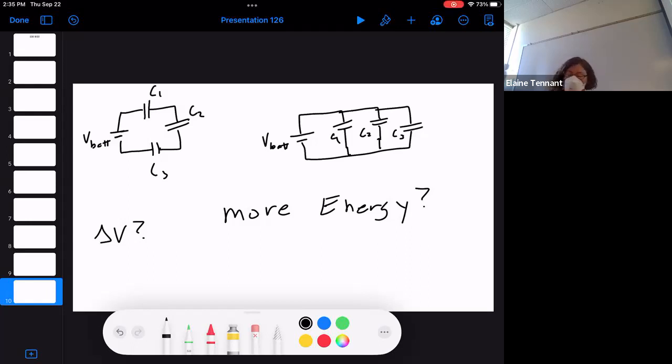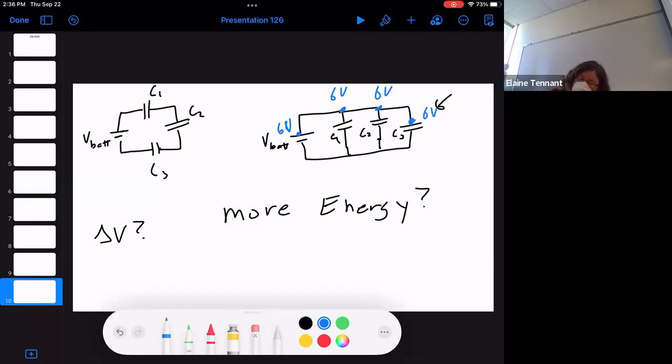Let me ask you this one. For C3, what's the potential difference across C3? You guys sure you don't want to say? You said it on Tuesday. No, okay. If the top here is at 6 volts, what's the voltage right there? 6 volts, voltage right there, voltage right here.